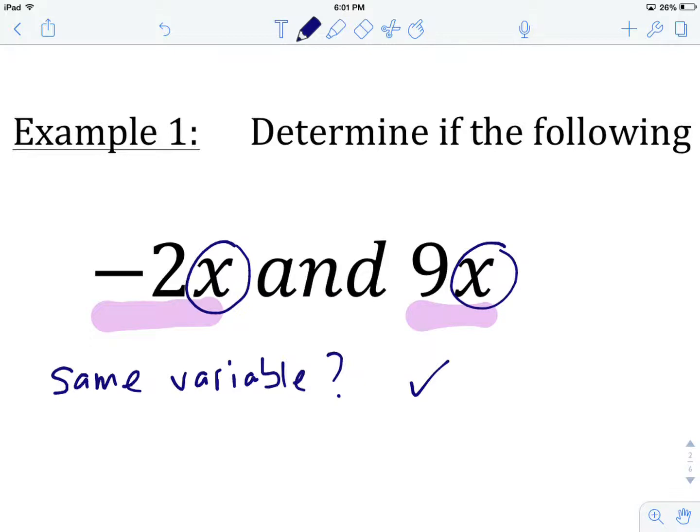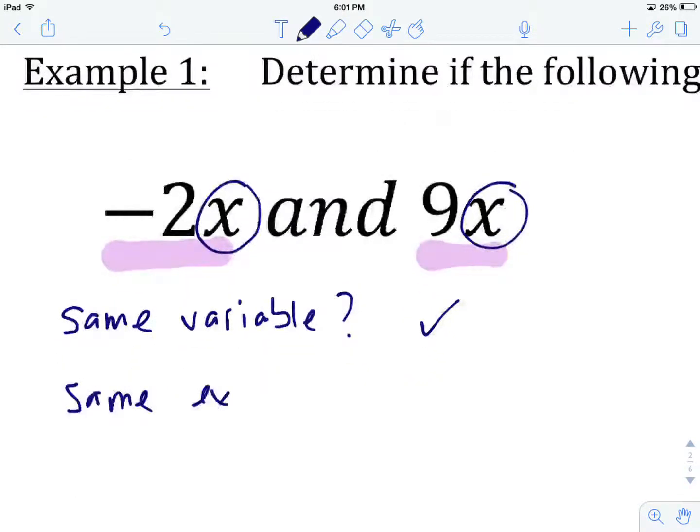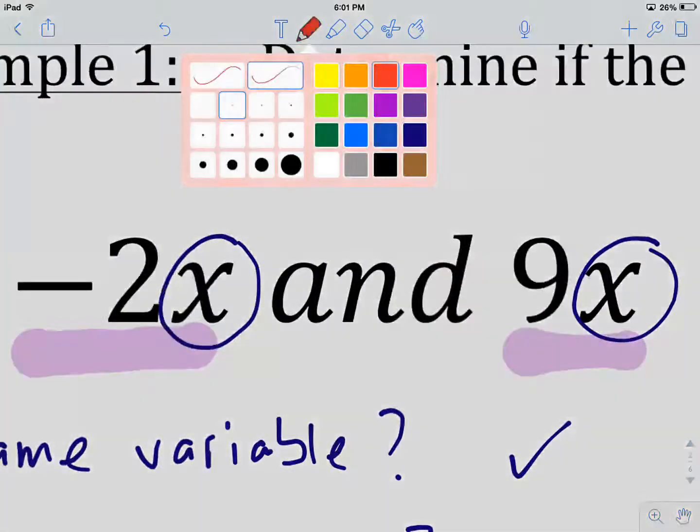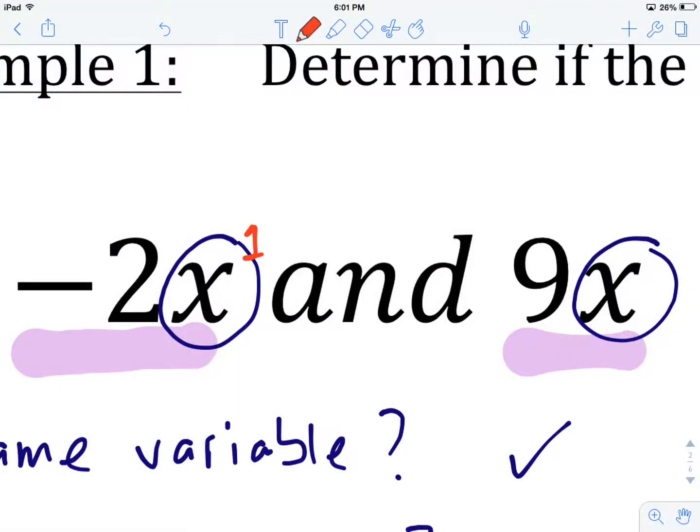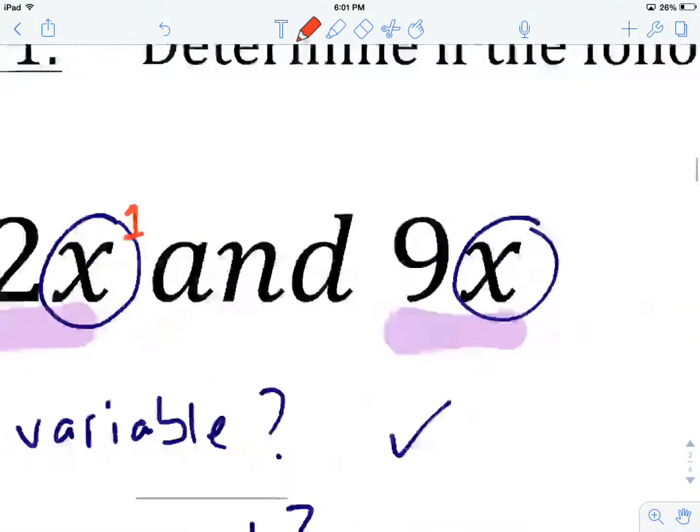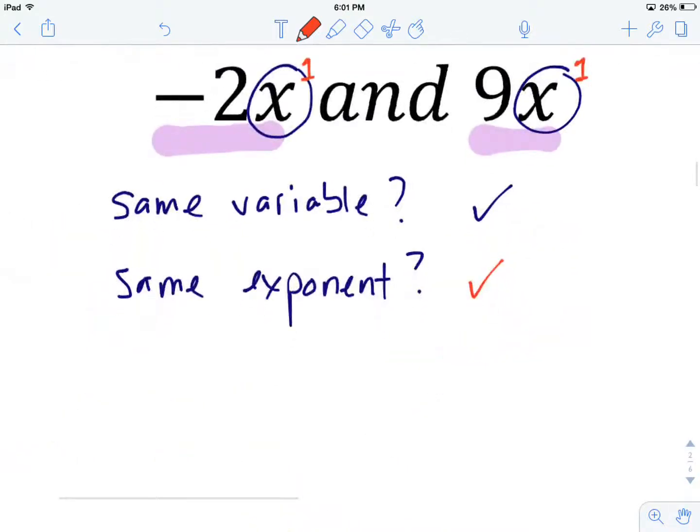Same exponent is the next question we ask. So we look at the exponent. Again, it's not written here, but the exponent that is sitting up and above x over here is 1, and also over here is 1. So these are like terms because they have the same variable with the same exponents.